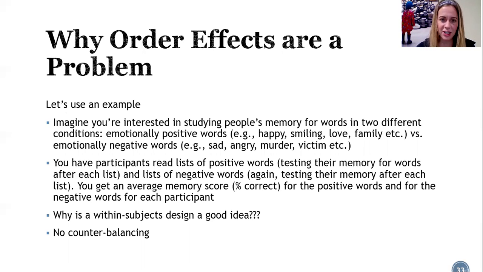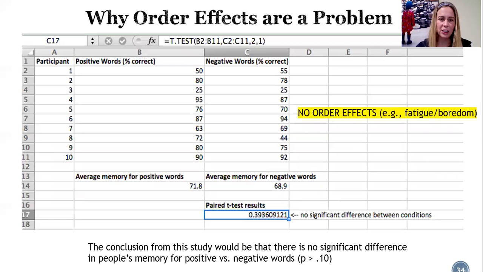In this example, let's start off by showing what this would look like if we don't have order effects, we haven't done counterbalancing, and then I'll show you what it might look like if there are order effects and how counterbalancing can affect this. So here's some data that maybe we'd get from this fictitious experiment.